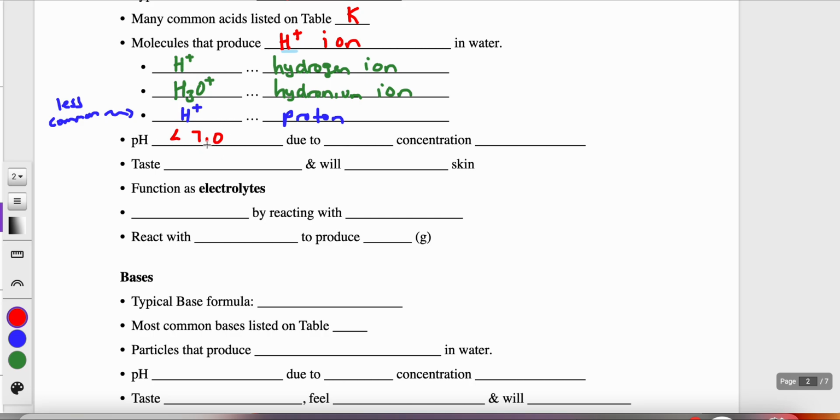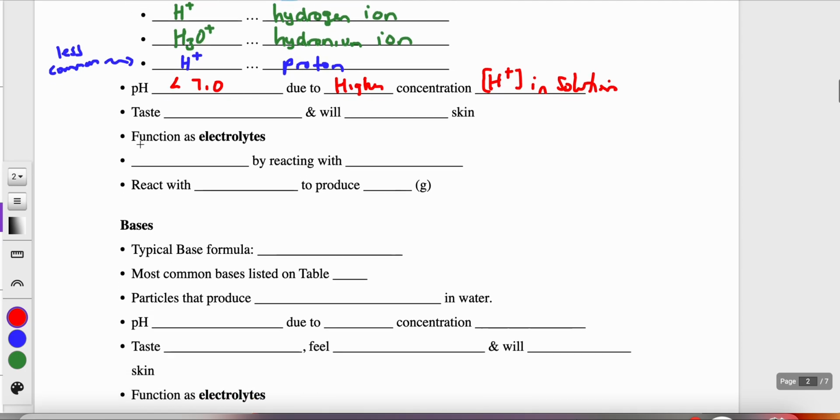And the reason that this value is less than 7 is due to a higher concentration of the H plus ions in solution. So the higher the H plus ion concentration, the lower the pH number.